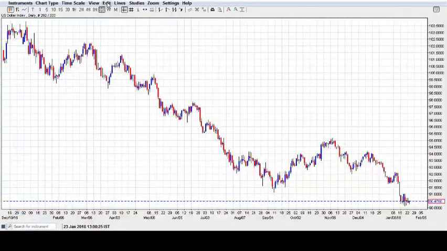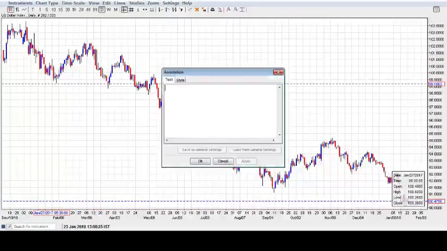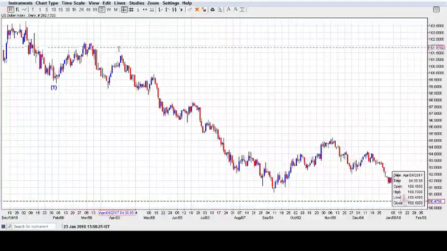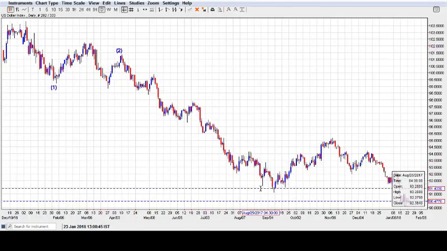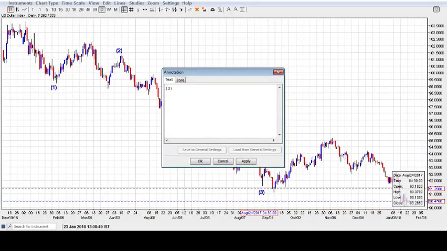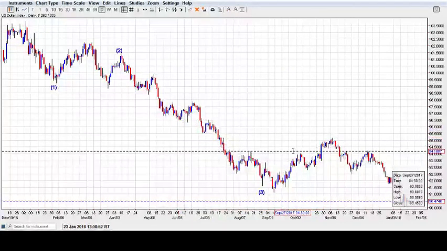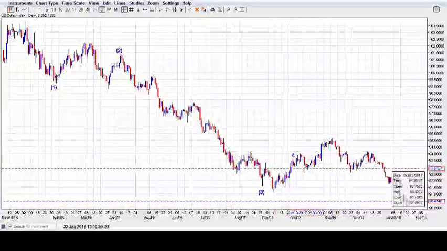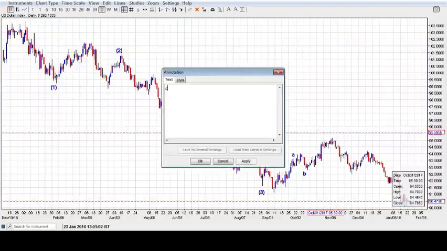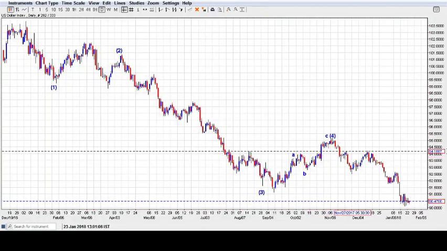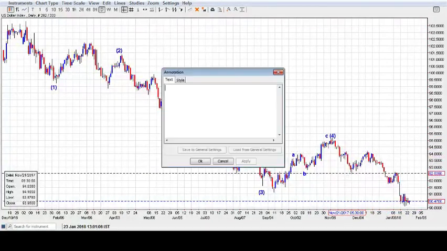Okay, dollar index is now gradually picking up. The larger term wave counts, wave 1, wave 2, 3, wave 4, and pretty much similar to what we discussed in the euro.